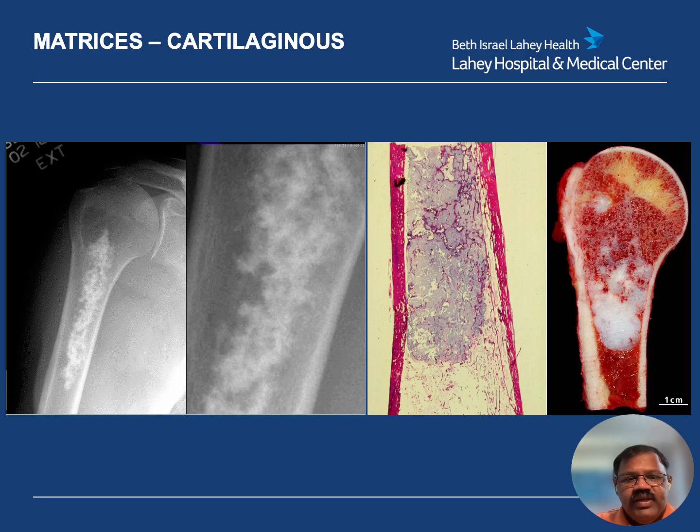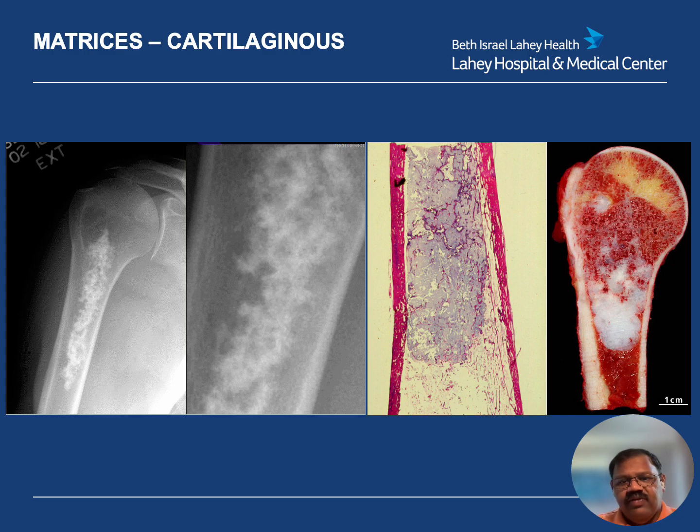Here are some correlating examples of a cartilaginous matrix. Again, we see a lesion with this ring and arc calcification pattern seen in the proximal humerus. Again, highly suggestive of a cartilaginous matrix. If you take a look at the photomicrograph and gross section from gross pathology of that lesion, on the inside in the medullary space, you can see kind of these white areas that almost look like cartilage, like hyaline cartilage, interspersed between what is more normal appearing trabecular bone.